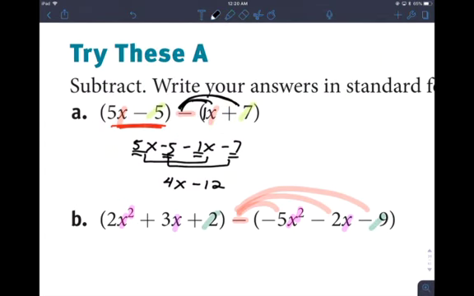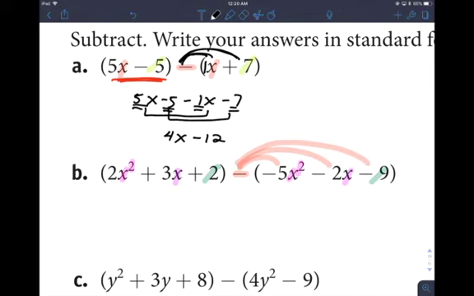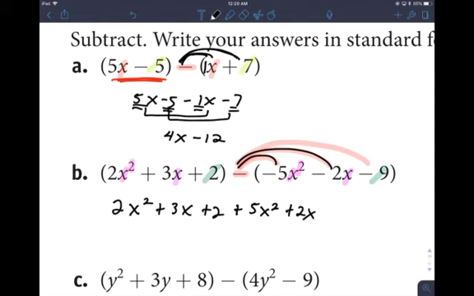When I distribute the sign, nothing's happening to the first set of parentheses, so I'm going to rewrite 2x squared plus 3x plus 2. Negative and negative becomes positive, so this becomes positive 5x squared. Again, negative and negative becomes positive, so this becomes positive 2x. Negative and negative becomes positive, so it becomes positive 9.